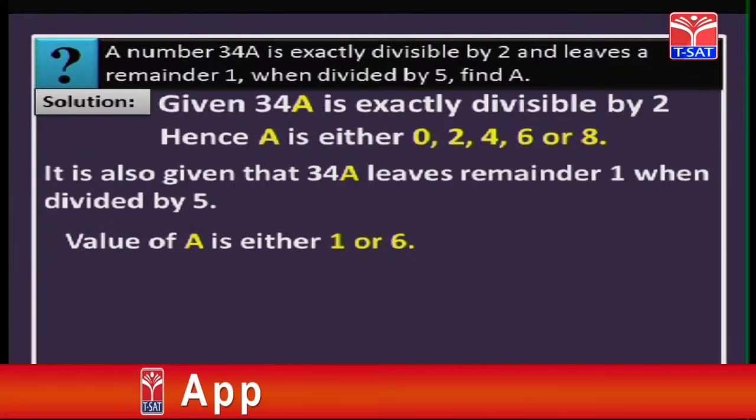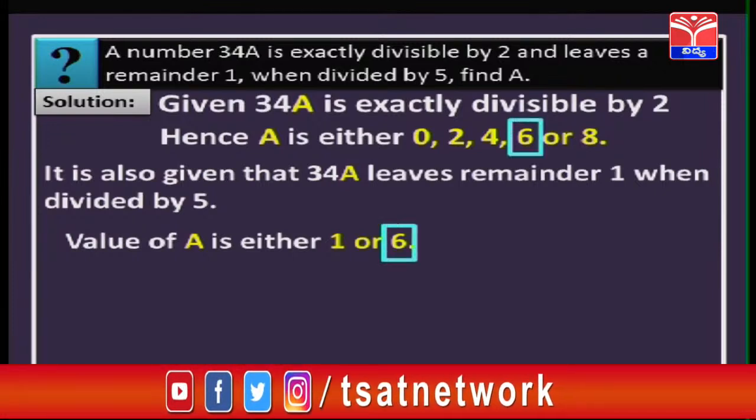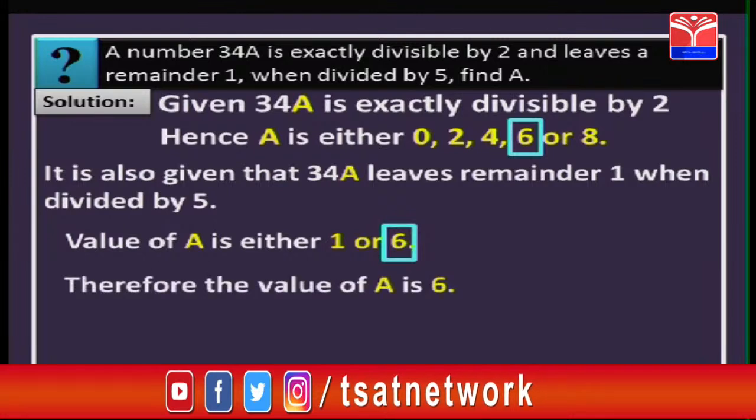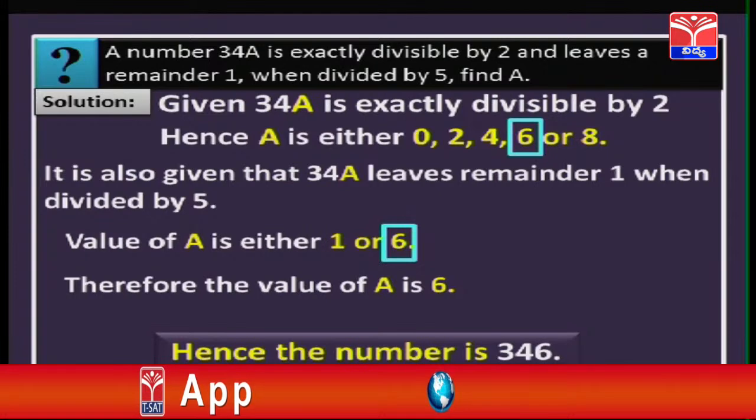The remaining numbers, if I have 1 in A's place, when we divide by 5, I get remainder 1, or even if it is 6 in place of A, then I get remainder 1. So, what do you notice in these two? Yes, 6 is the common digit, right? Therefore, the value of A is 6. Hence, the number is 346.